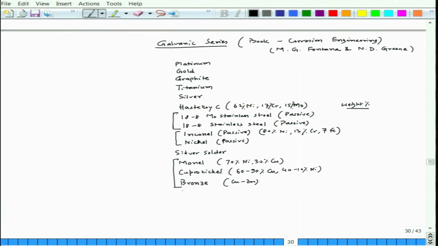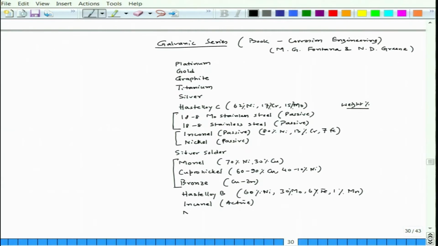Then they have Hastelloy B series, which is 60 weight% nickel, 30 weight% molybdenum, 6 weight% iron and 1% manganese. Then we have Inconel, and it is mentioned as active.